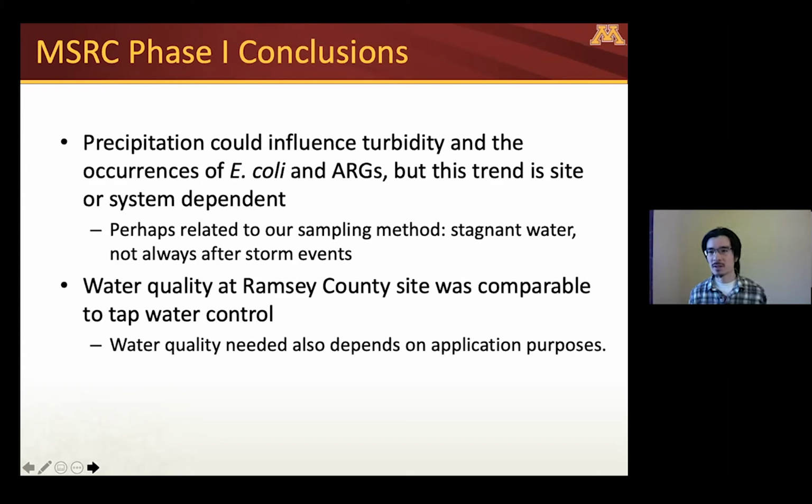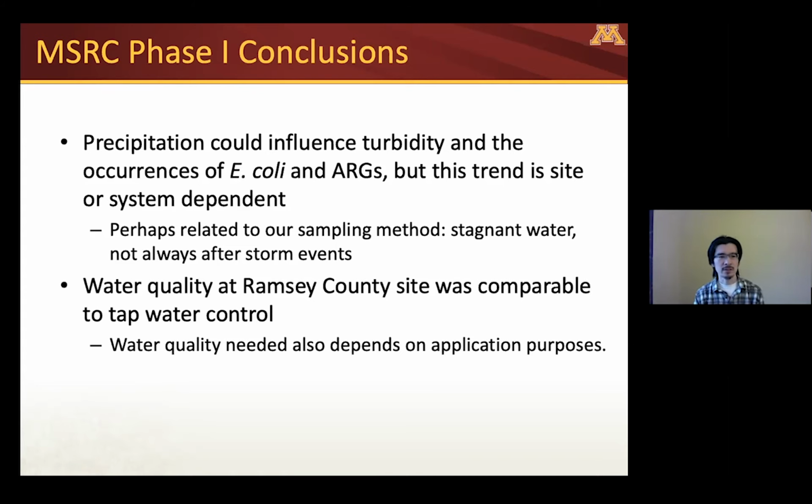And the water reuse systems apply the water for land irrigation, usually very early in the morning. So what we did was we collected stagnant water from the system. And we collected water samples not always after a storm event. So that is the limitation of the phase 1 research.